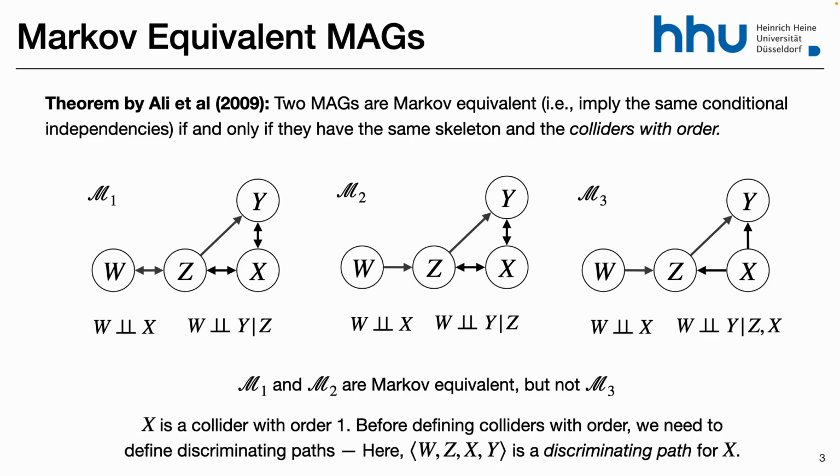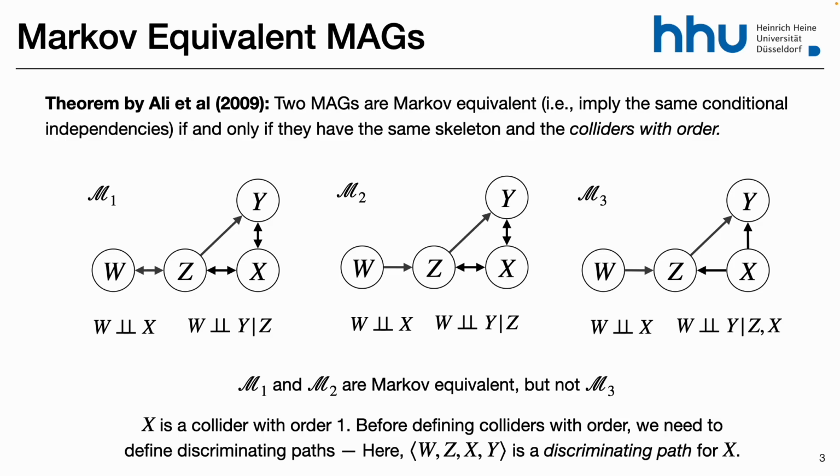So, as I told you, X is a collider with order 1 in these two cases here. But to define collider with order, we will need this definition of discriminating path, which is the idea that I just explained to you. It's a path that's going to help you discriminate whether the X is a collider or not.